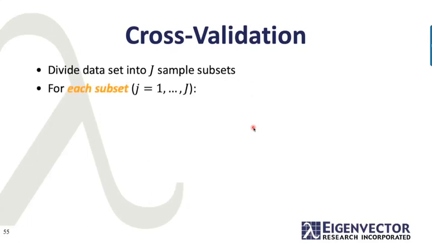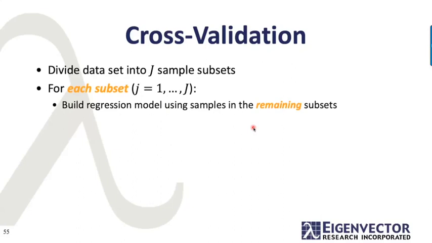And then for each of the subsets, we build a regression model using samples in the remaining subsets. That's a funny way to say that. If I'm dividing this into 10, I build a regression model with 9 out of the 10 groups, and then those are my remaining subsets, and then apply it to the 10th one.